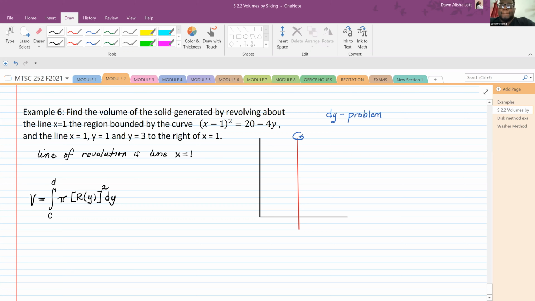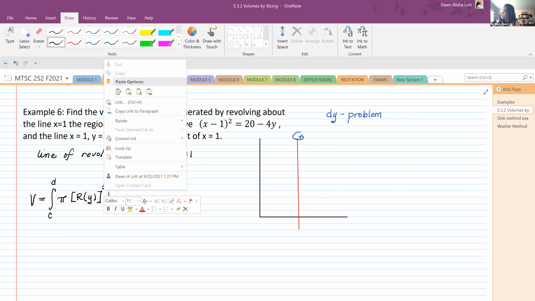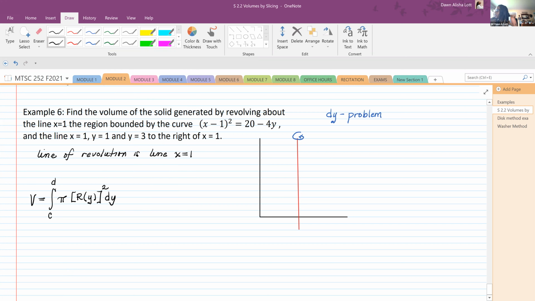All righty. So now what we need to do is graph this thing. Right now I have (x minus 1) squared equal to 20 minus 4y. So what does that look like?